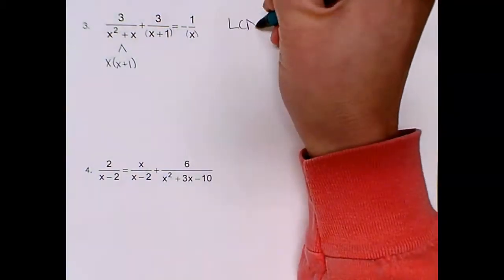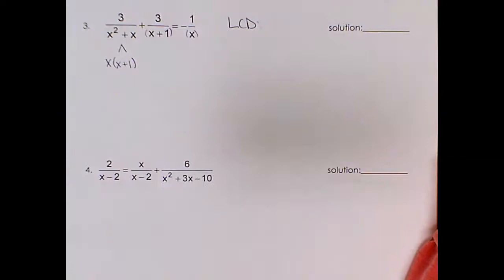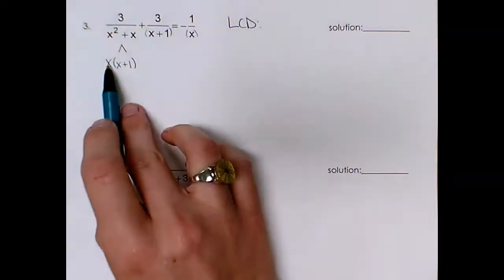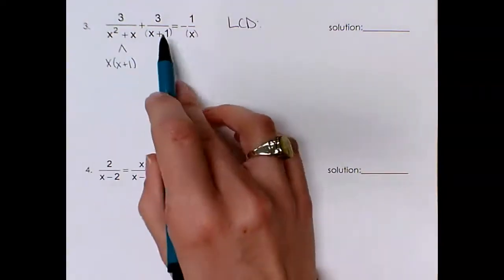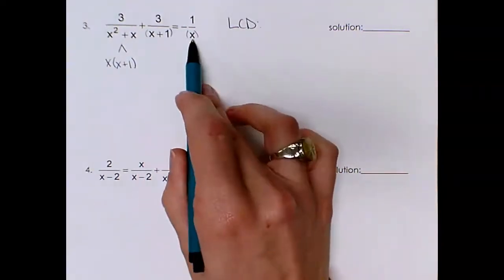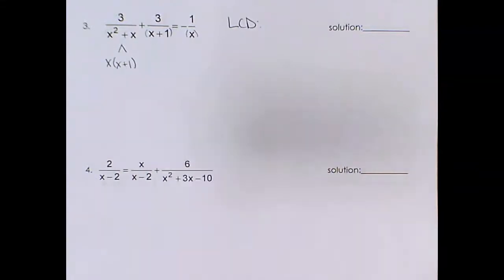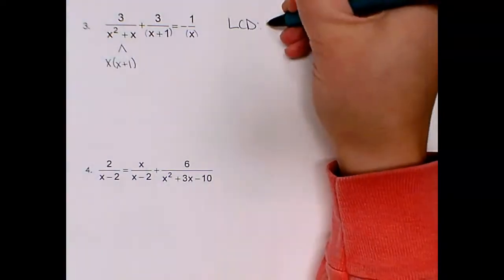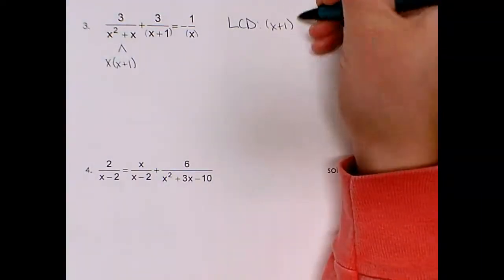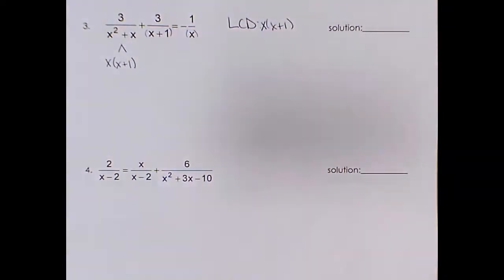My least common denominator is all the pieces, everything that they share and everything that they don't share. Well, this is x and x plus 1. This is just x plus 1, and this is just x. None of them have anything that they share with all three. So I'm going to put in all the pieces of x plus 1 and x.